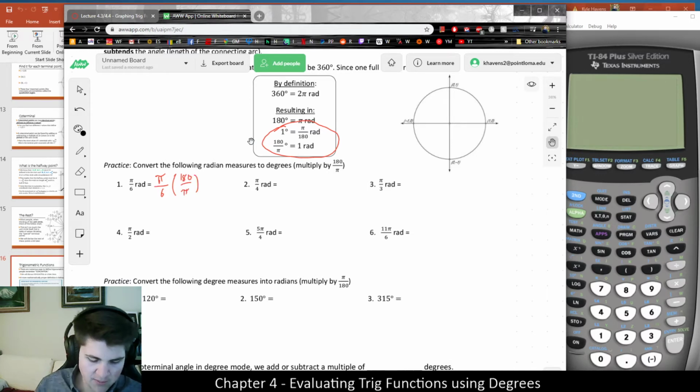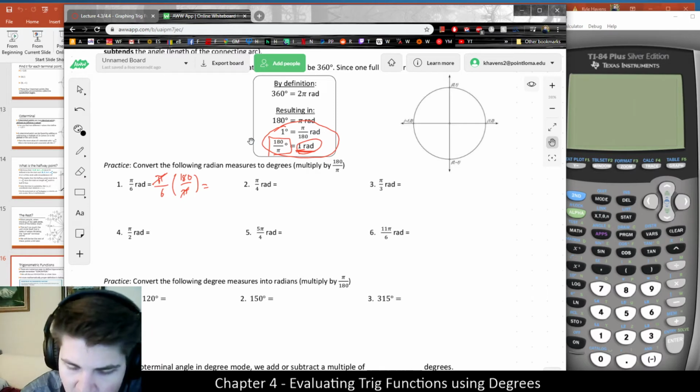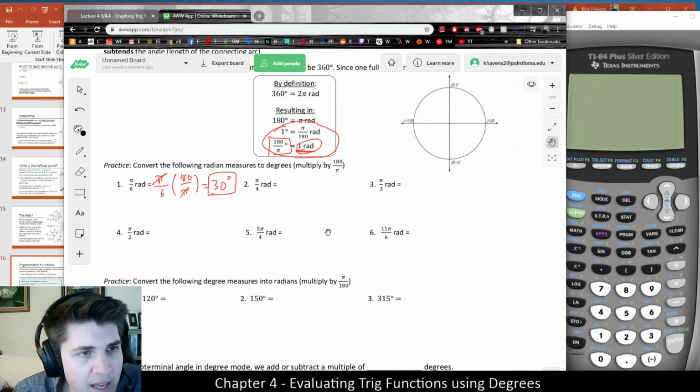Originally it's in radians, and I know that each 1 radian should equal this many degrees, so if I multiply by that, it converts properly. Notice the pi cancels because it's on top and bottom, and then 180 divided by 6 is just 30 degrees, the proper fraction at that location. And you could do that with all points. If you know the radian measurement, you can convert it to degrees.